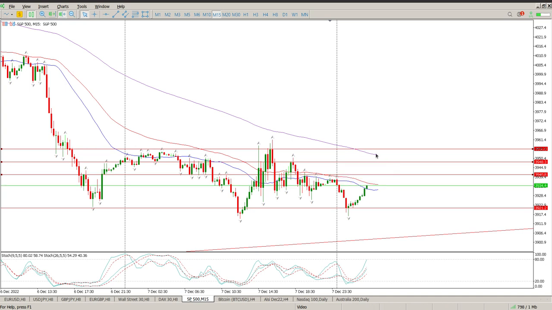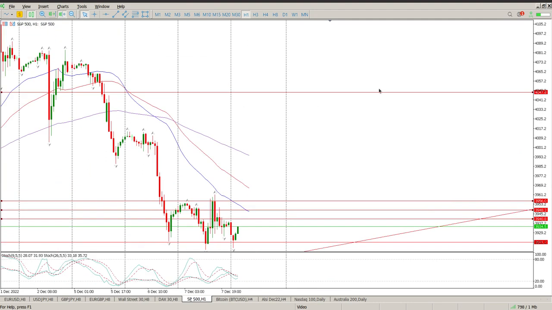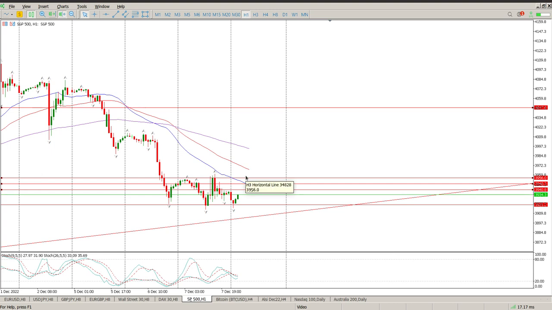So I'd be watching this area for another rejection, probably going to be a range. So what I'd be looking for today is, in all honesty, a break above the highs of yesterday and a retest.